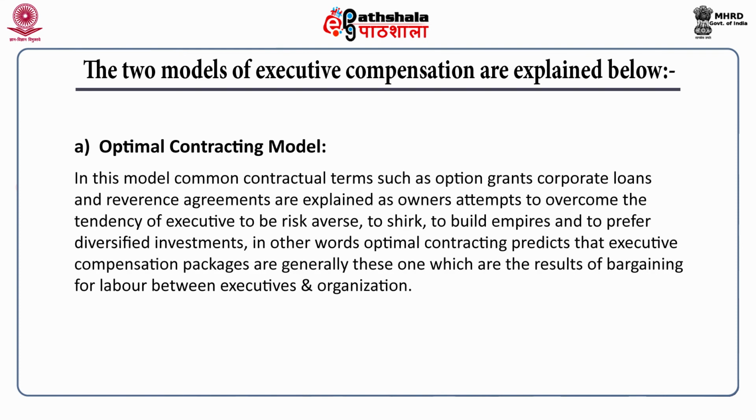In this model, common contractual terms such as option grants, corporate loans, and severance agreements are explained as owners' attempts to overcome the tendency of executives to be risk averse, to shirk, to build empires, and to prefer diversified investments. In other words, optimal contracting predicts that executive compensation packages are generally the results of bargaining between labor and executive.